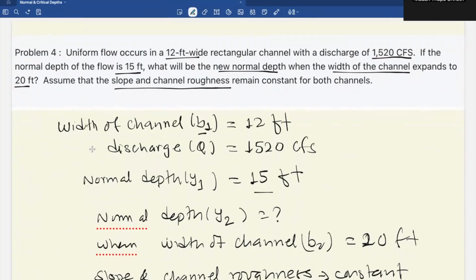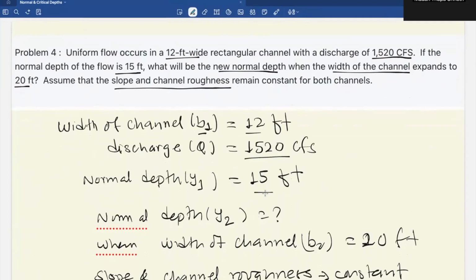It is related to a channel with change, that is finding the new normal depth. So we are given the channel width for the first part as 12 feet, and discharge is given as 1520 cfs, and normal depth is given as 15 feet before change.